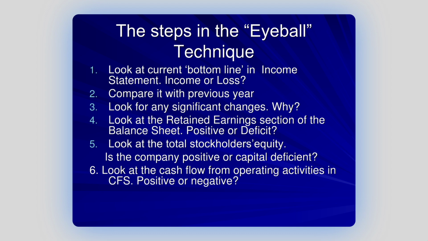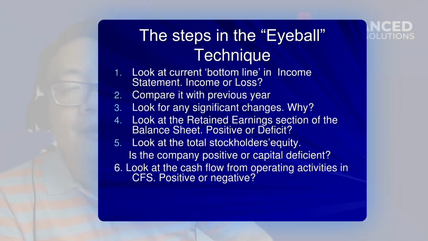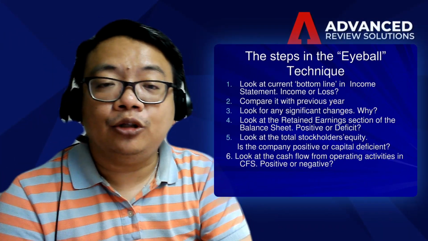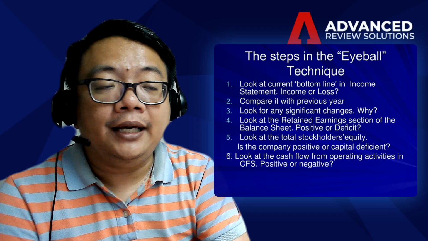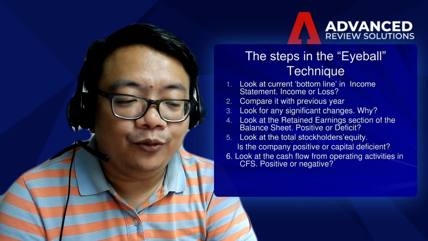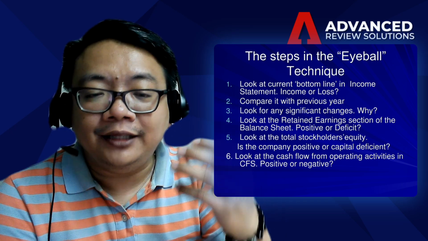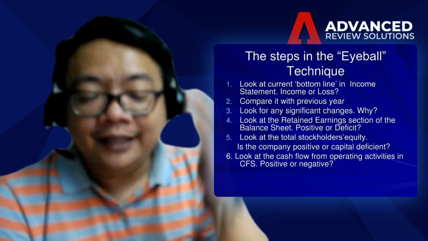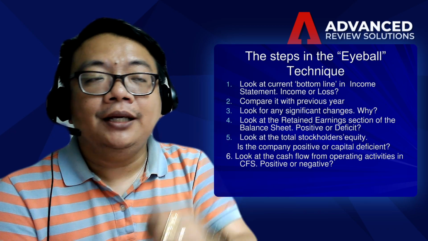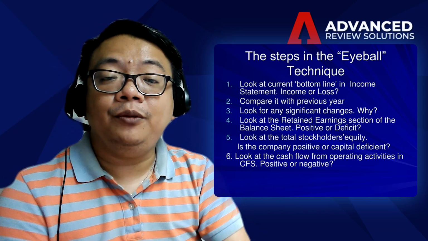First, very important here is to look for the bottom line. But before that, what is the bottom line all about? Bottom line is your net income, whether you have net income or net loss. And number two, you compare that with the previous year.